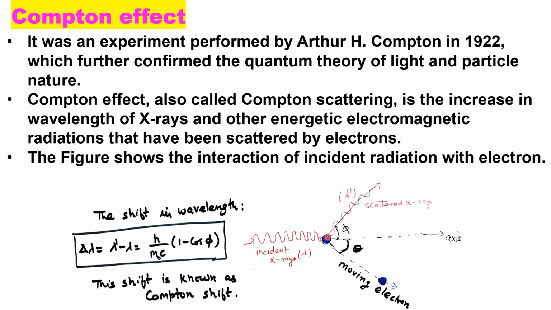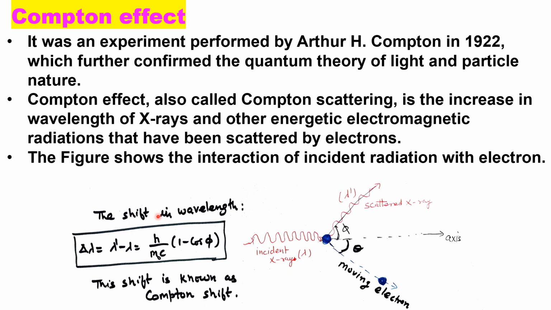Suppose this is the incident radiation which has wavelength λ, and if it interacts with an electron, then this is the scattered electromagnetic radiation or scattered X-ray which has wavelength λ', and the scattering angle is φ. Some of the incident energy is given to this electron and it moves, and this moving electron makes angle θ with this axis.